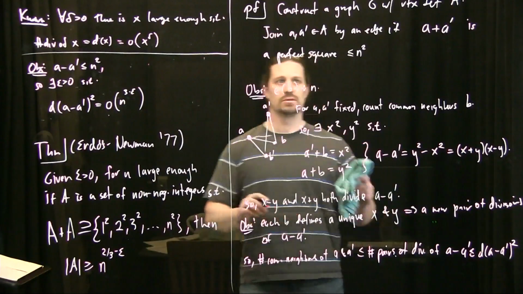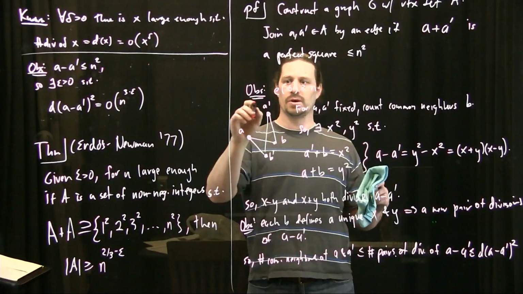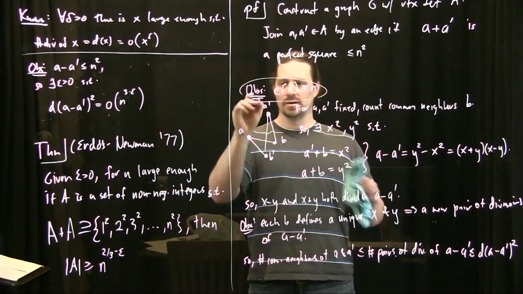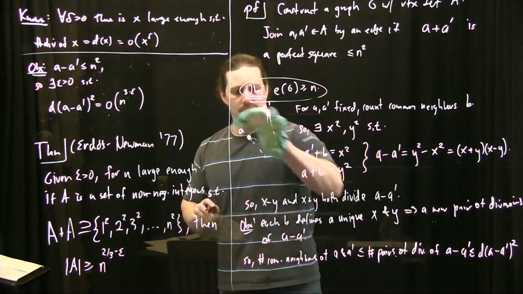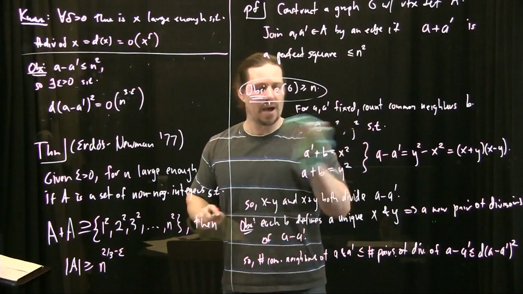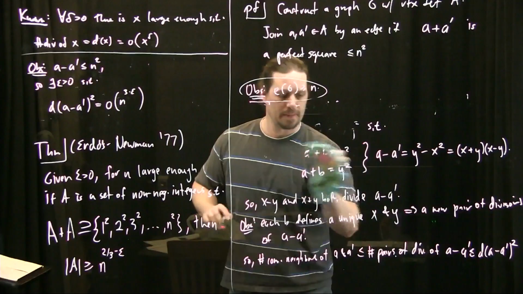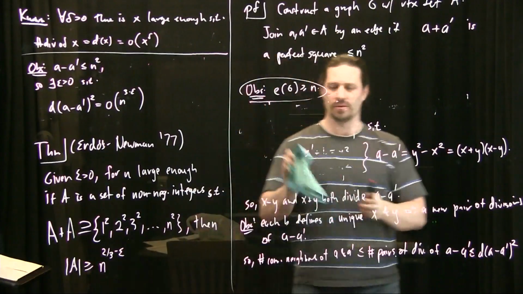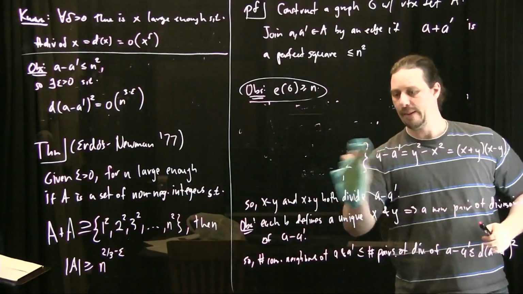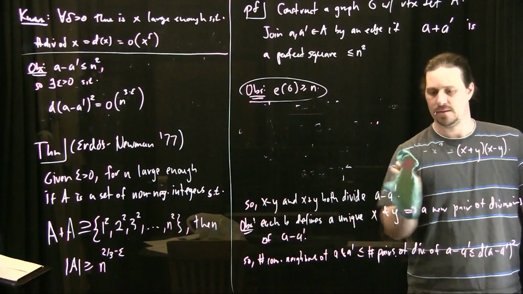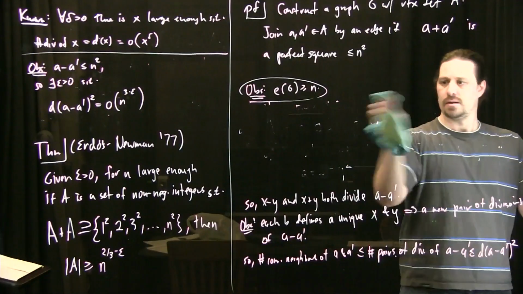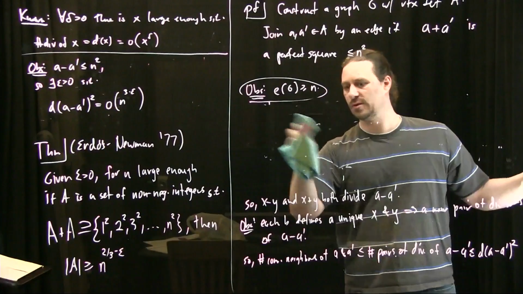Okay, so I want to continue what's going on down here. I'm going to use this fact in just a moment, so let me leave that up here. But now I know I have a bound on the number of common neighbors of 2 vertices A and B. So what does that mean? It means for any 2 vertices, right?